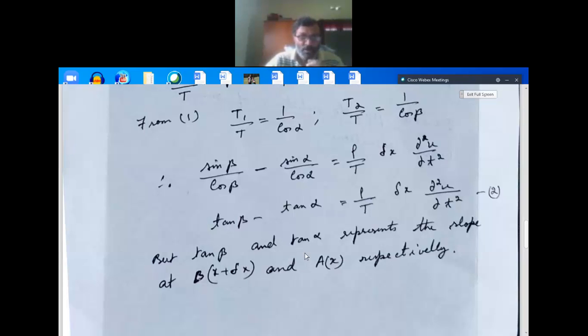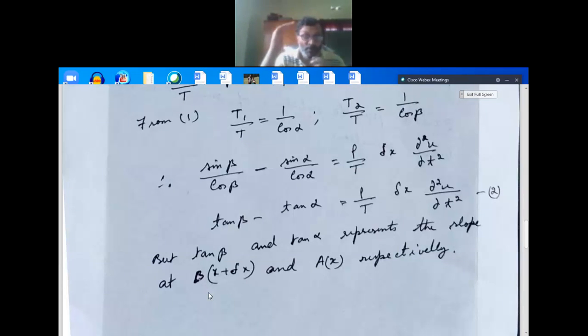Here alpha is the angle made by the tension at point A with the x-axis, or the horizontal, and beta is the angle made by the other tension at point B with the horizontal. So tan beta and tan alpha represent the slopes at B, that is x plus delta x.